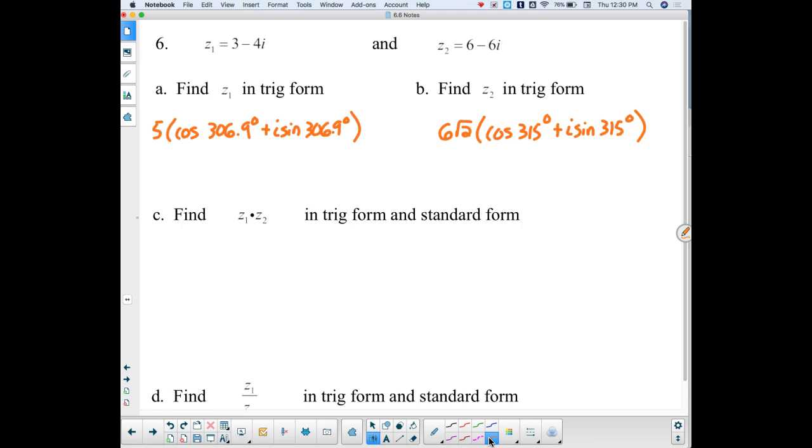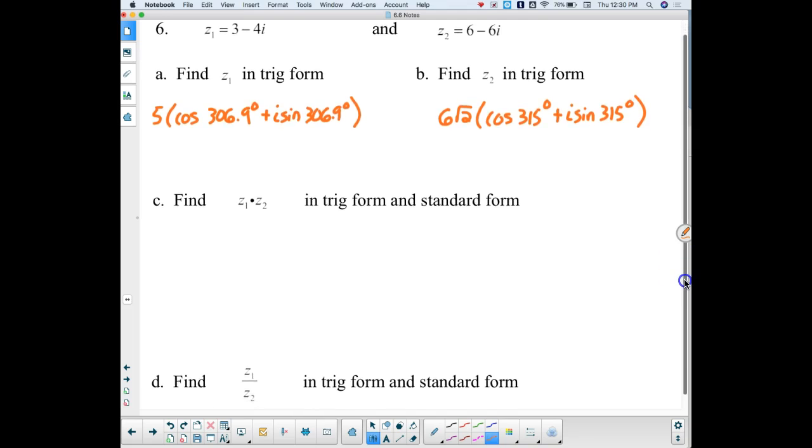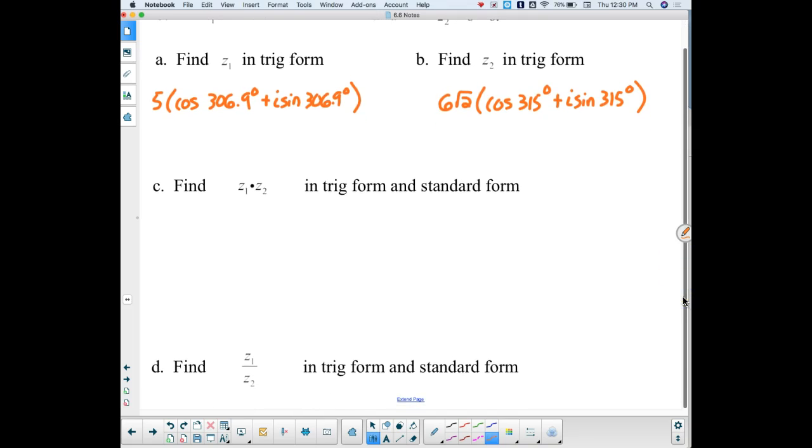Okay? Then yesterday we realized that it was much easier to multiply both in trig and in standard form.